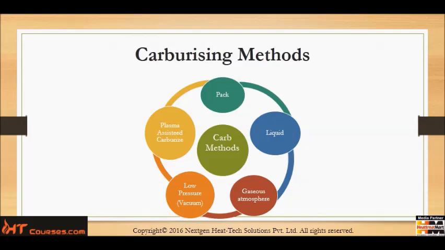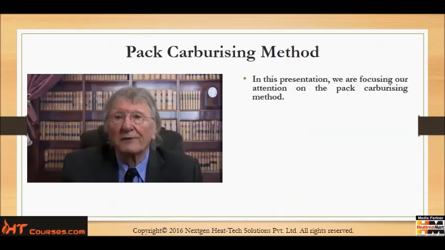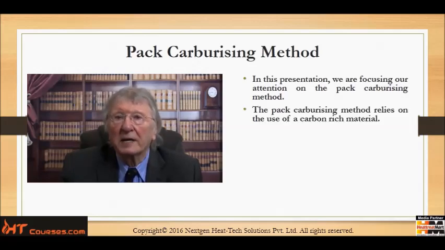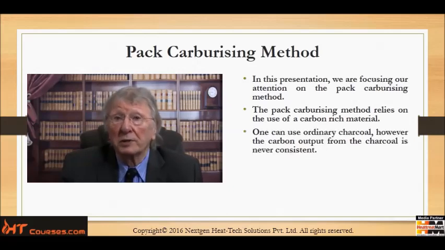In this presentation, we're focusing our attention on the simple process of pack carburizing. The pack carburizing method relies on the use of a carbon-rich material. One can use ordinary charcoal, however, the carbon output from the charcoal is never consistent.